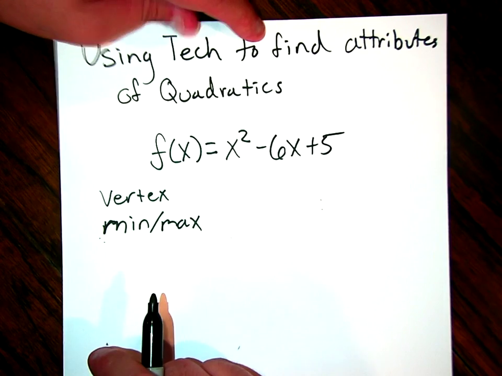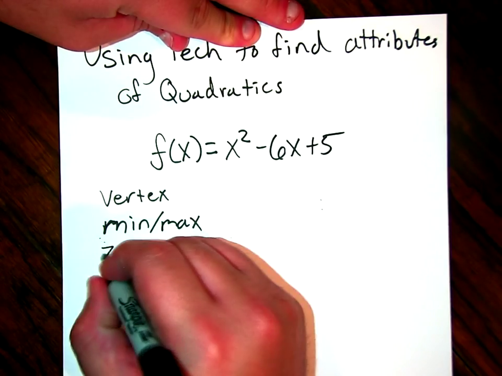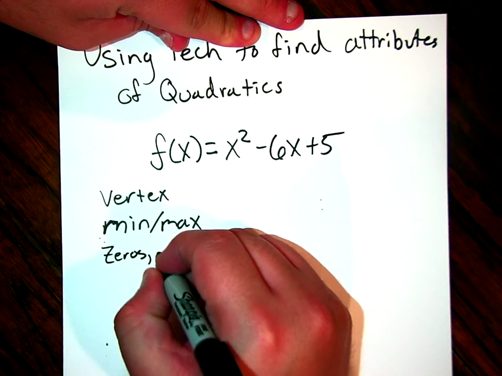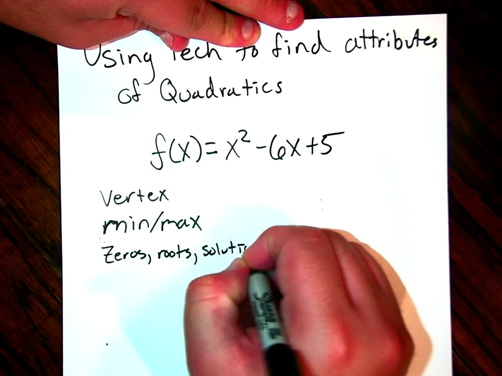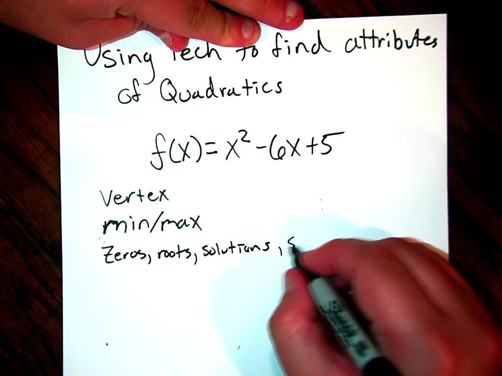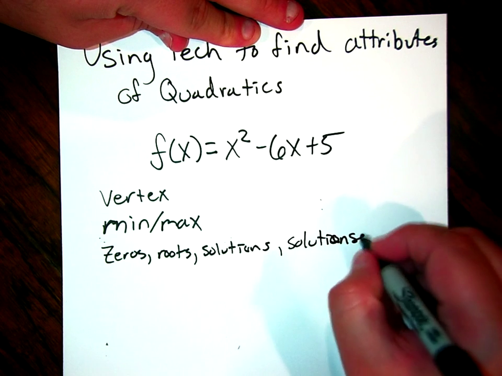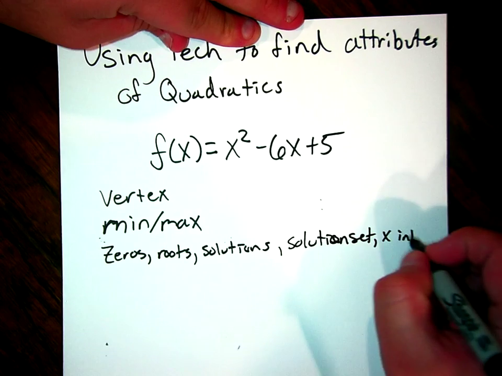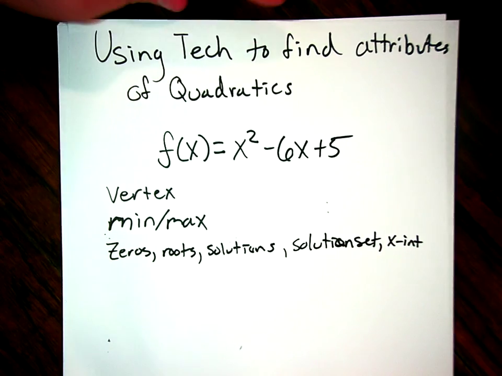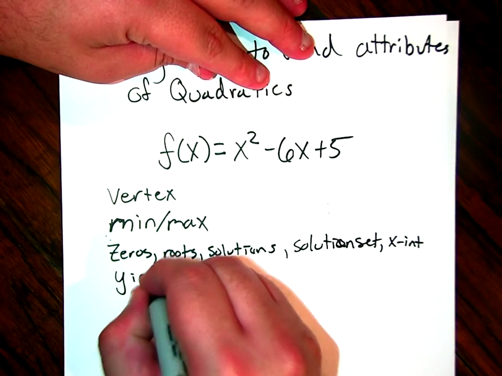We're going to talk about finding zeros, roots, solutions, solution sets, and x-intercepts, which are all the same thing. All those terms mean finding the x-intercepts, and we're going to find y-intercepts.